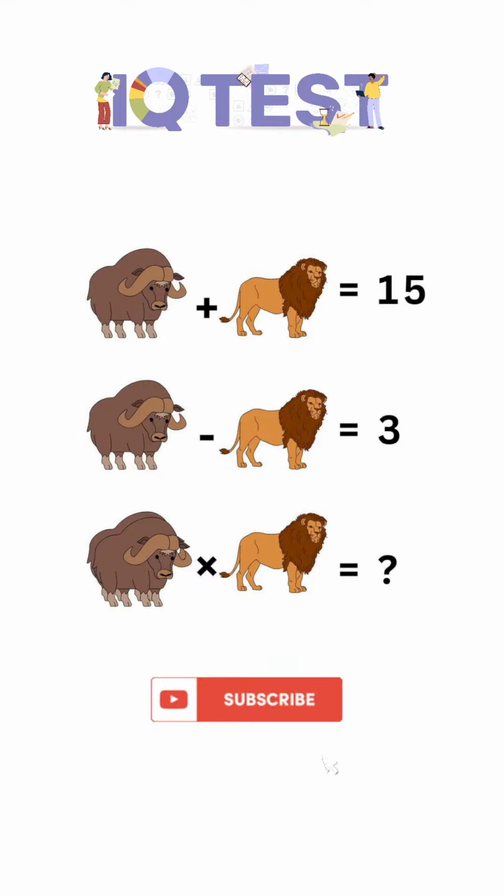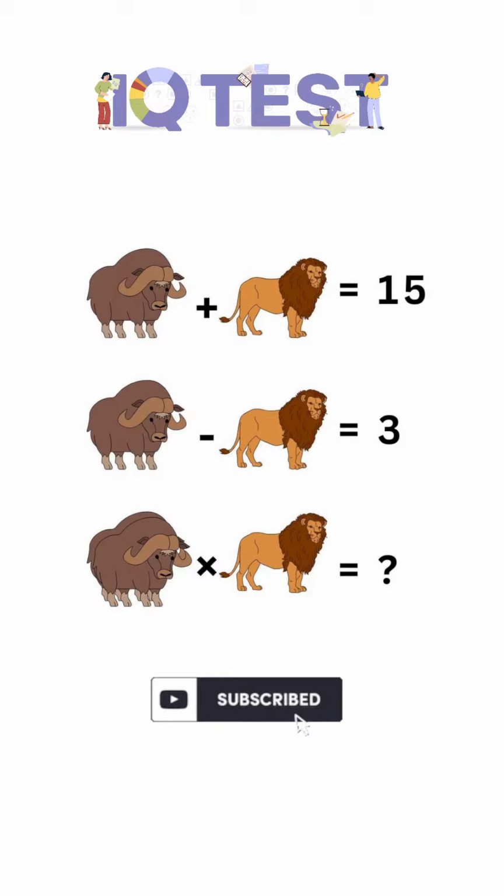What do you have for the buffalo? And then the last one, you have 2 buffaloes multiplied by 1 lion. So Nicole is saying buffalo is 13, lion is 12. Are you sure? Nicole, are you sure? We did something similar.